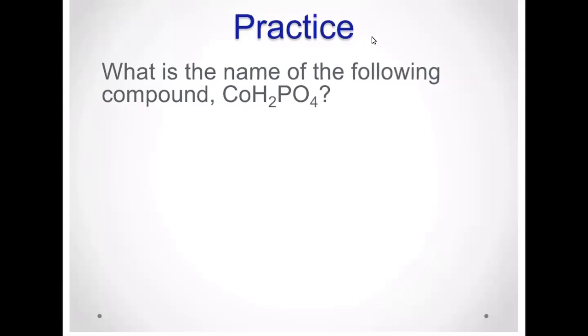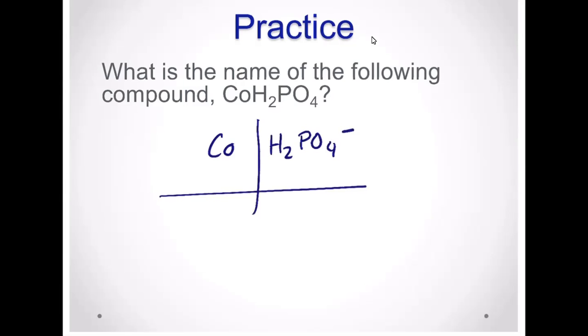What is the name of the following compound? We have our metal, which is cobalt, and we have dihydrogen phosphate. Cobalt is a transition metal, so we have to know the charge of our anion side. Phosphate is 3 minus, but we have 2 H's, so it's a 1 minus.